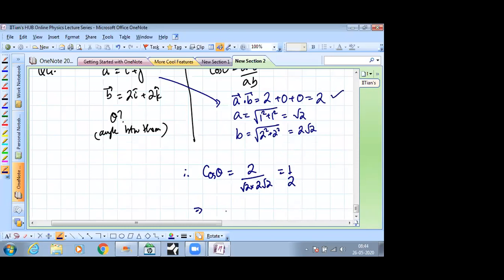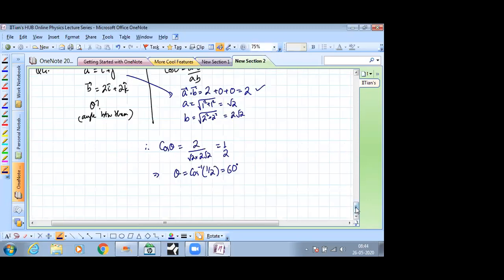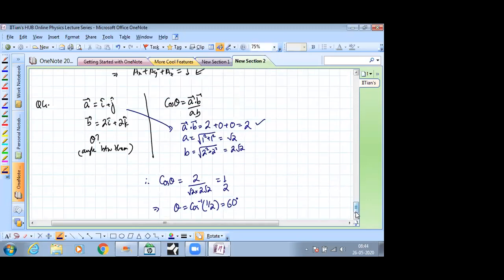So theta is cos inverse half, so that is nothing but 60 degrees. So this is a direct application of the formula for the angle between two vectors using the scalar product.